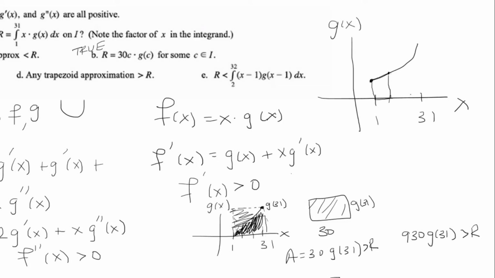So let's say if I pick some point here, you see when I connect it, it's going to be on top of that curve. And then same thing here. It's not a great picture, but it's always going to be above. So my trapezoid is always going to be above the curve. So therefore the trapezoidal sum is greater than r, than the actual area. So we have 4 true, so we expect E to be false. And let's see why it is false.